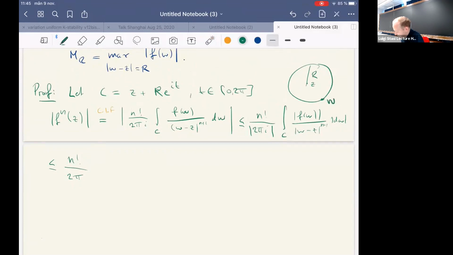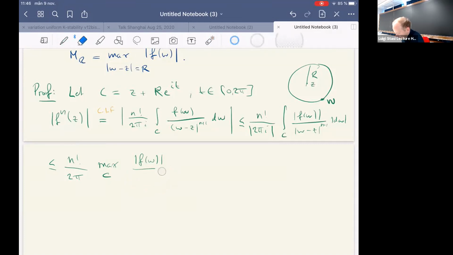So it means that the absolute value of w minus z is equal to capital R, this radius. So what we get is the maximum over this circle of the absolute value of f of w divided by R to the n plus 1. But of course, this R to the n plus 1 doesn't depend on w in any way, so I can put it outside just as well.